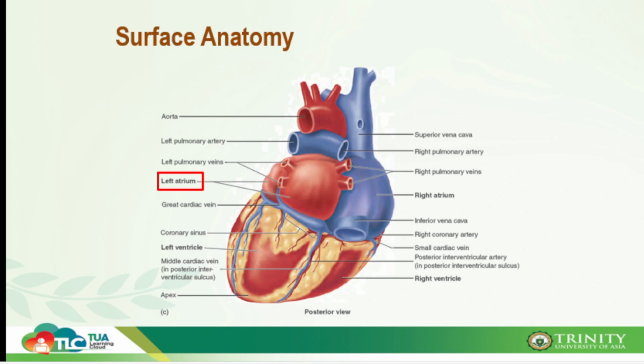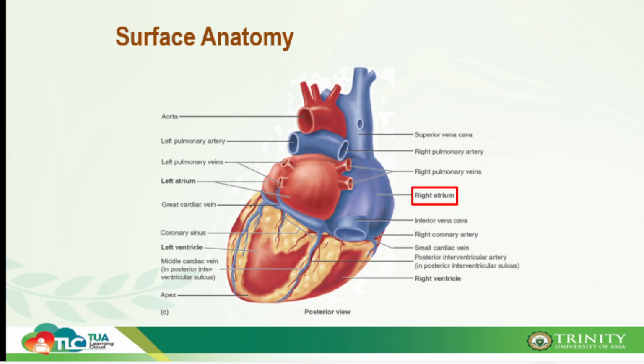So we mentioned that the right ventricle is the most anterior, the left ventricle is the most inferior, the left atrium is the most posterior, and the right atrium is the most superior.